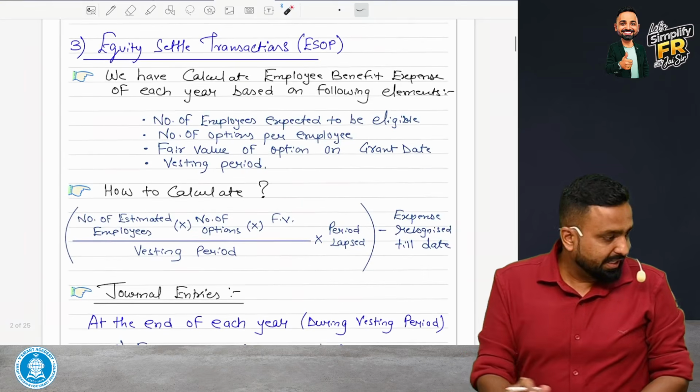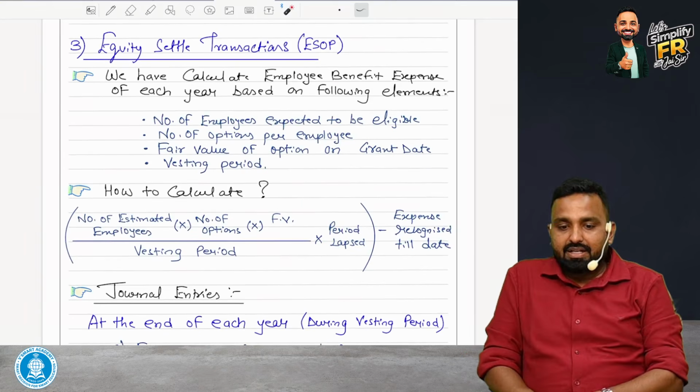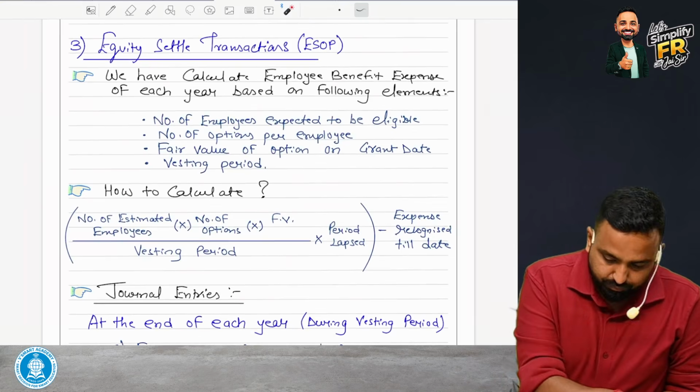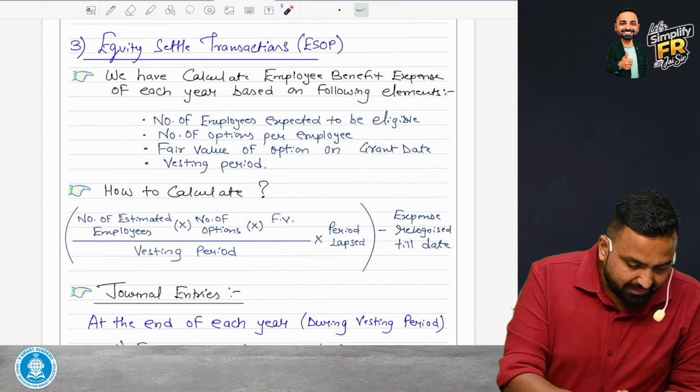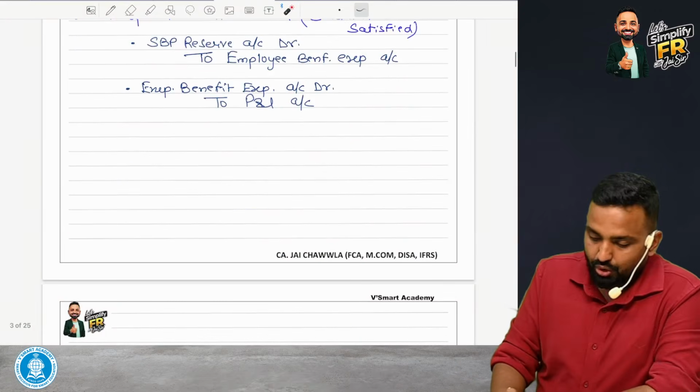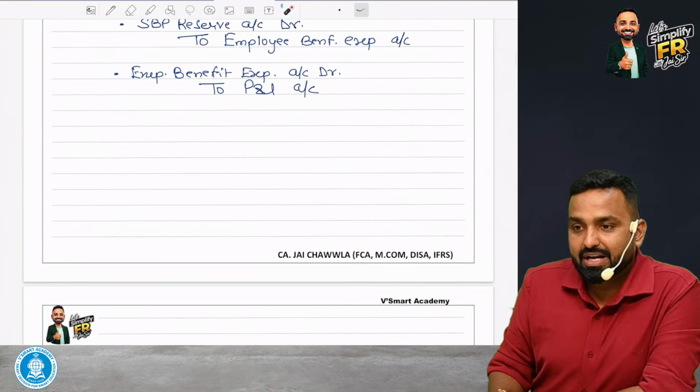So this was an equity settled transaction for you. Will you change the fair value? Or do you have to use the fair value only on the grant date?